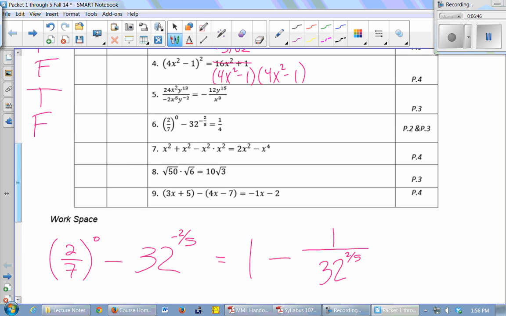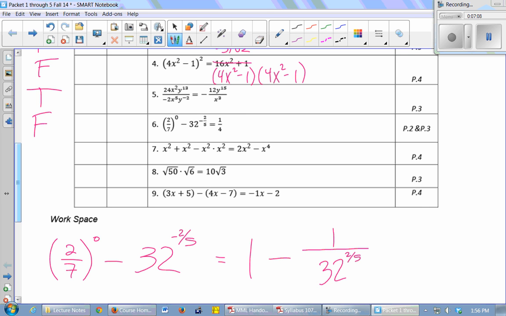All right, number 7, x squared plus x squared minus x squared times x squared equals 2x squared minus x to the 4th. Let's see, we've got true, true, true, true, false, true.